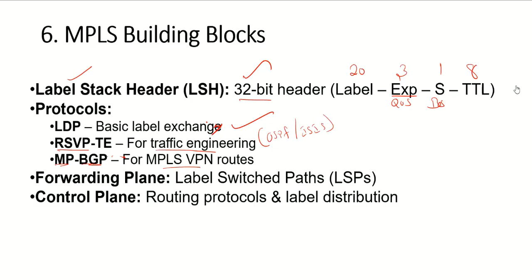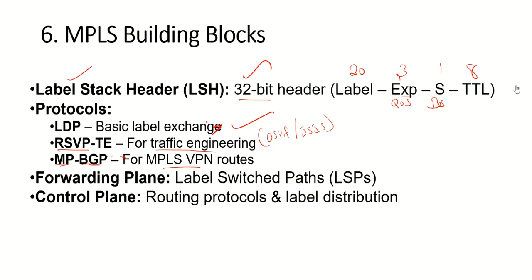As I said, RSVP-TE is another building block, LDP is another building block. By using these protocols, you can have MPLS label-based forwarding plane, which is nothing but the data plane, and the control plane.